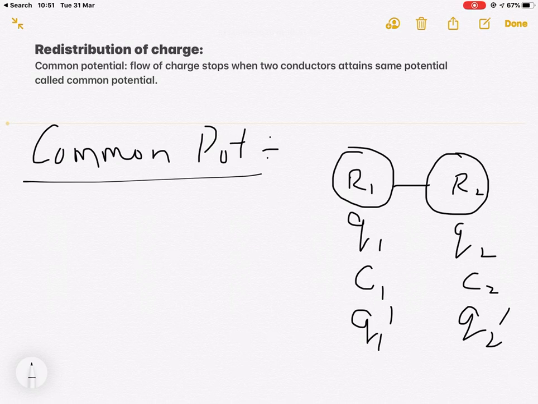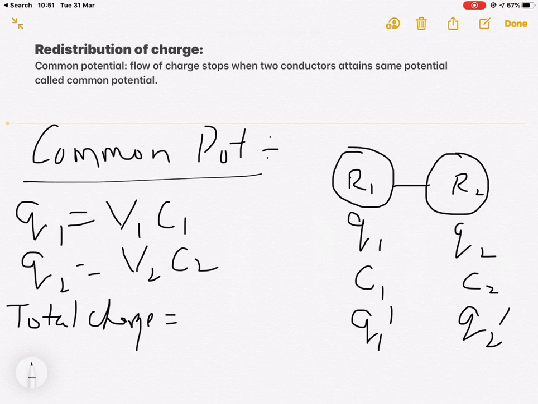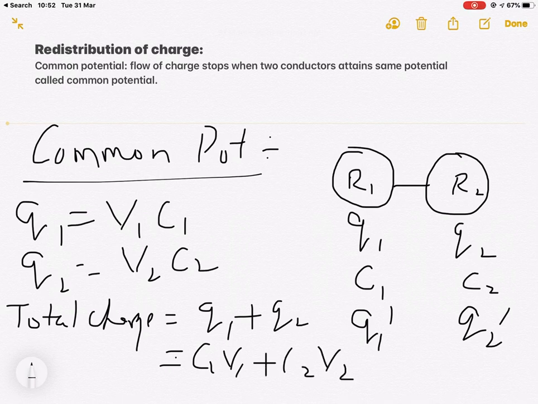Now we know by the relation Q1, charge on first sphere, is equal to V1 C1. Similarly, Q2 is equal to V2 into C2. So when we join these two, the total charge will be equal to Q1 plus Q2, and this total charge will be equal to C1 V1 plus C2 V2.